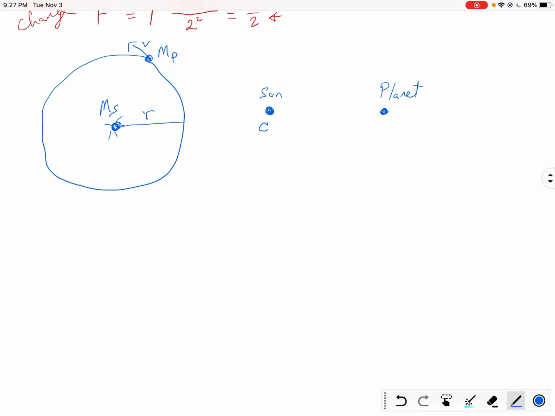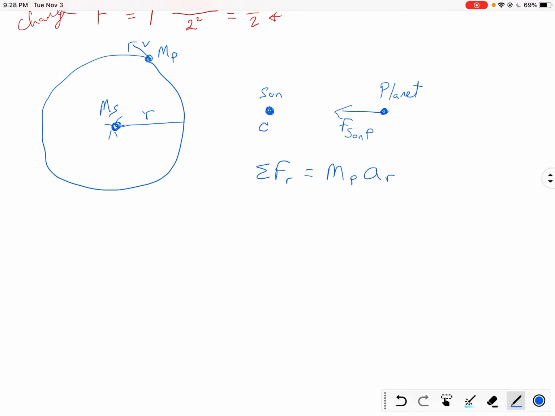And there's one and only one force acting on it. It is the force of the sun on the planet. It's a gravitational force. So now we can apply Newton's second law. The sum of the forces in the radial dimension has to be equal to the mass of the planet, that's our system, times the radial acceleration.